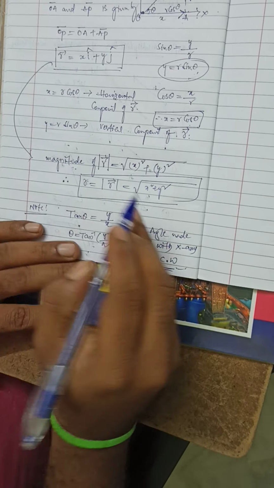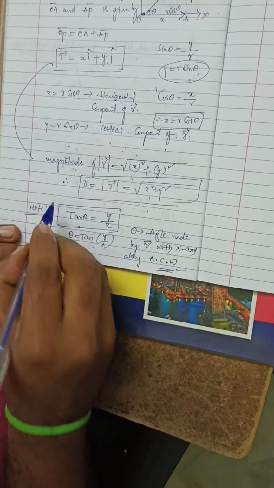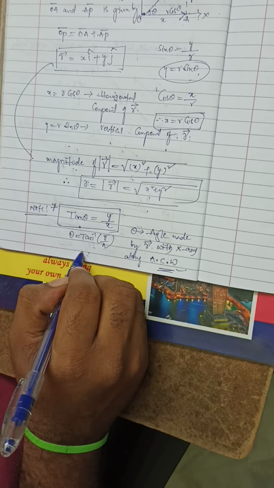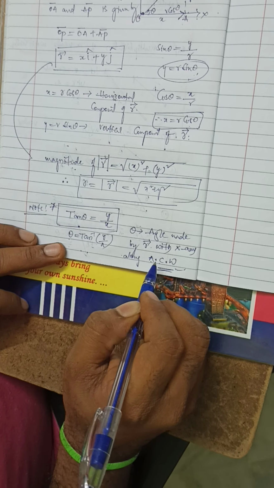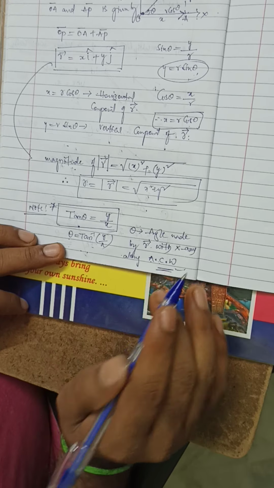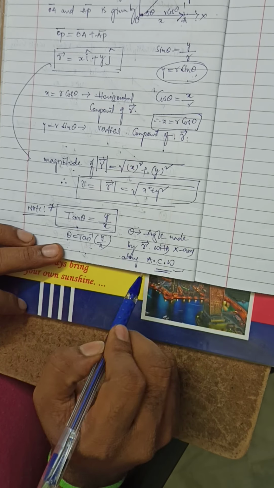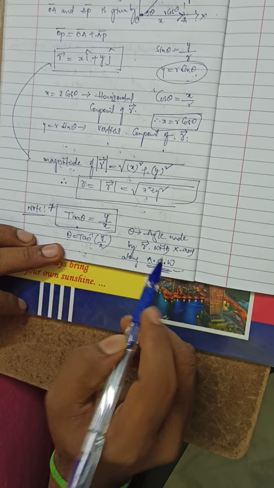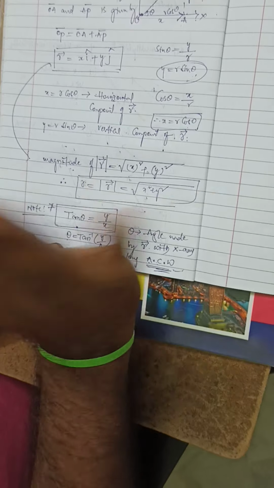Okay? So whenever you use this formula, this theta tells us that it is the angle made by the r bar vector with the x axis. So you can remember one thing. This is in the anti-clockwise direction only in the first quadrant, not in the remaining quadrants.